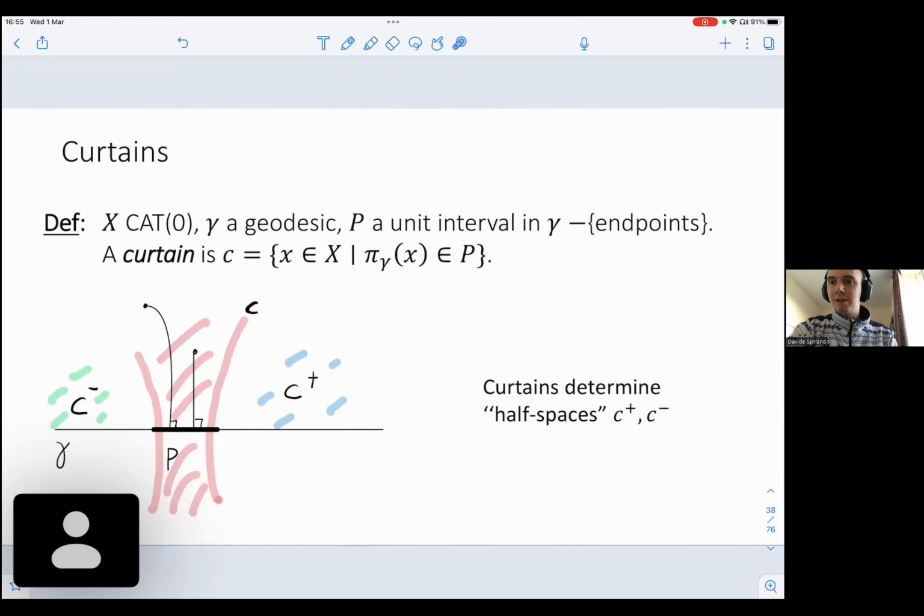Right, and let's also observe that in some sort of analogy with cube complexes, a curtain determines 2 half spaces, C plus and C minus, which are the points that project either before or after my segment P. And I put half spaces in quotation marks because those are not really half spaces, because this is a three-partition of the space. There are three bits of the space. But to some extent, we can call those half spaces with a bit of abuse of notation, like the bit before and the bit after the curtain.